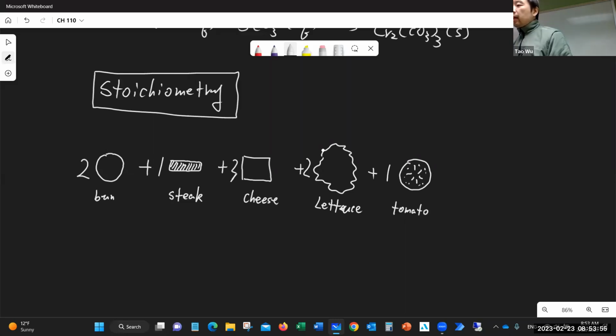All right, so then we should be able to make a hamburger. Well, probably it's a Big Mac. Okay, so it's really big. So this is a Big Mac.